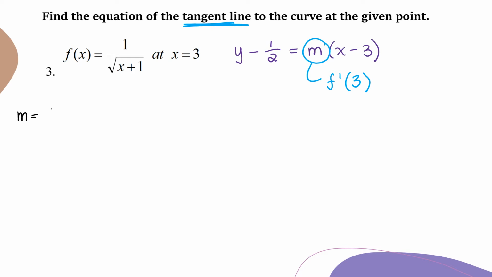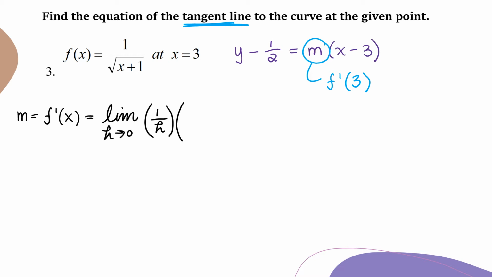So m is equal to f prime of x, which is equal to the limit as h approaches 0 of, and because I can already tell this will be kind of a tall function, I'm going to write my division by h here instead of having a very tall fraction.